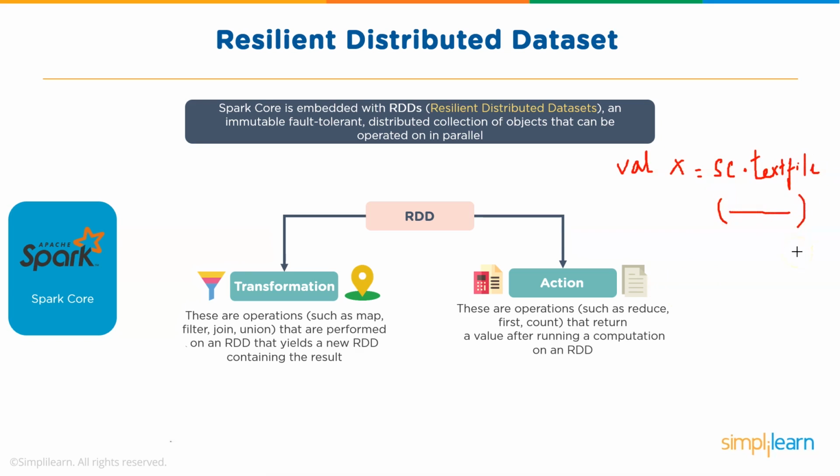So what does this step do? It does not do any evaluation. When I say val x, I'm creating an immutable variable, and to that variable I'm assigning a file. What this step actually does is create an RDD, a resilient distributed dataset. We can imagine this as a simple execution logic, an empty dataset created in the memory of your node.